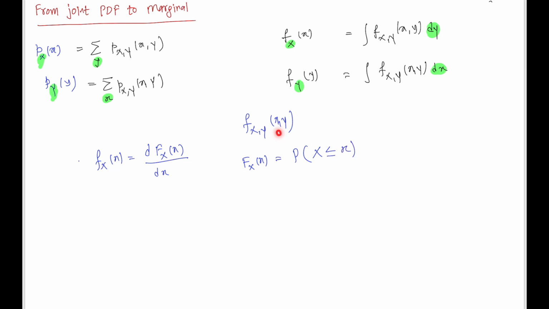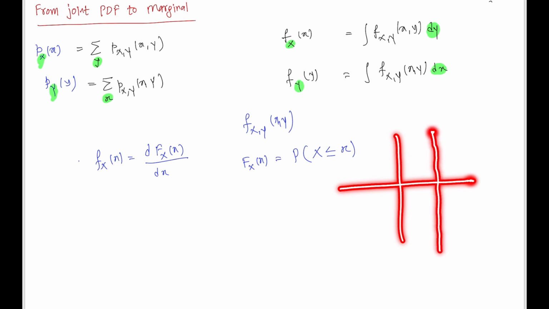Here we are talking about two random variables. What does it mean by this probability that random variable x takes a value less than little x? We are interested in finding the probability of the region of all possible pairs of x and y, such that random variable x is less than or equal to little x.